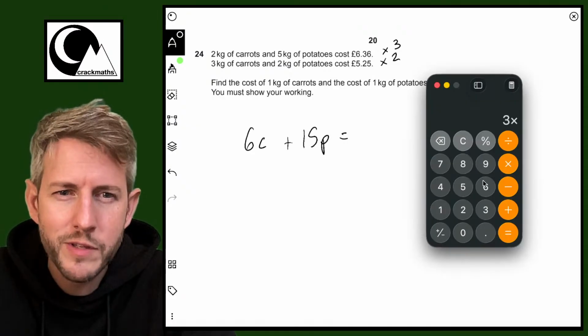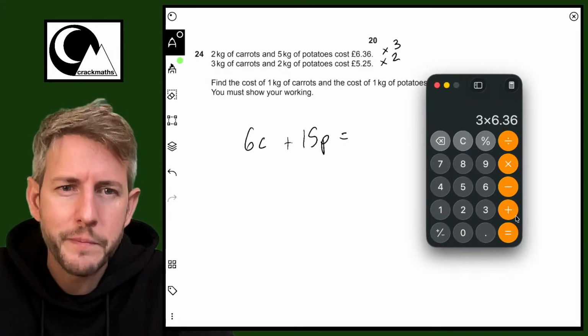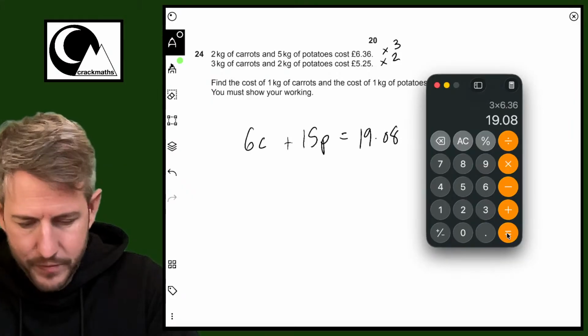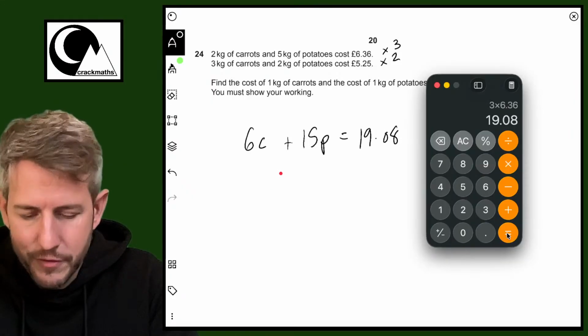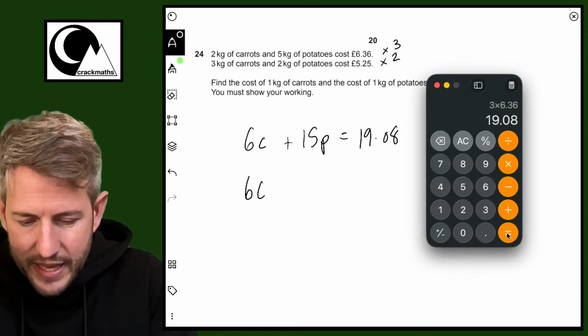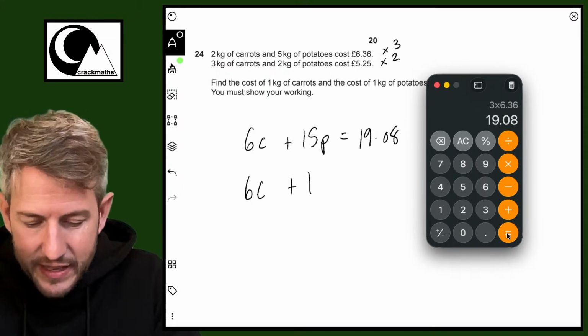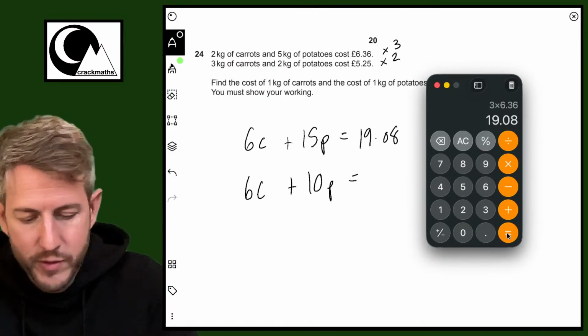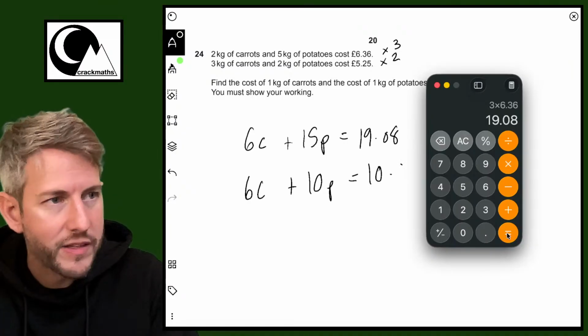And that's going to be £19.08. Then what I've got here is 6 carrots again, plus 10 kilograms of potatoes, and that will equal 2 lots of £5.25, which I know is going to be £10.50.